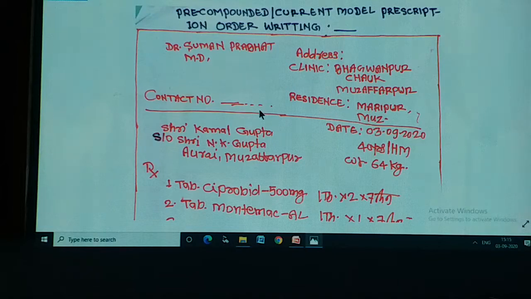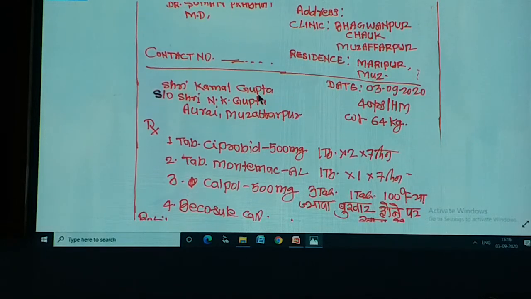Here drugs are prescribed in the trade name or brand name. Here in this prescription, tablet Ciprovir 500 mg, one tablet to be taken twice daily for 7 days.